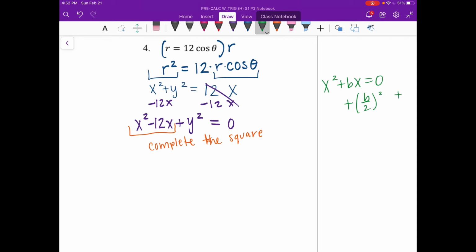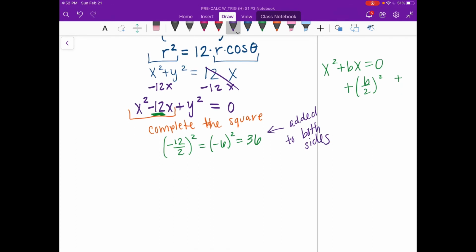Your b term is just the number next to the x. So in this case, my b term is negative 12. To complete the square, I'm going to take negative 12 divided by 2 and square that. So that gives me negative 6 squared, which is 36. This 36 value gets added to both sides of the equation.